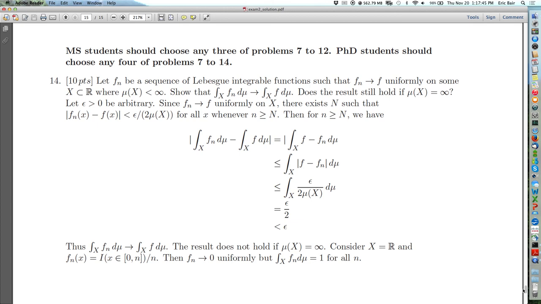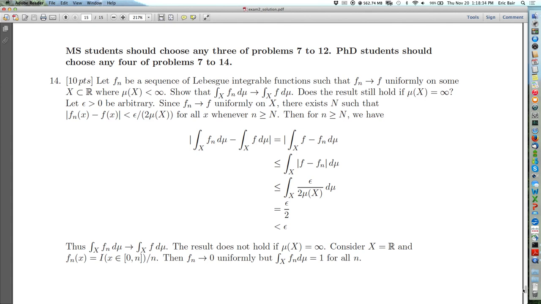The trick here is that since f_n is converging uniformly to f on X, that implies that you can find some N such that the absolute difference between f_n(x) and f(x) is less than epsilon over 2 times the measure of X, for all x, whenever n is greater than or equal to N. That's the definition of uniform convergence: you can find a certain N such that for every single x in the relevant set, the difference between the sequence and the target is less than some value.